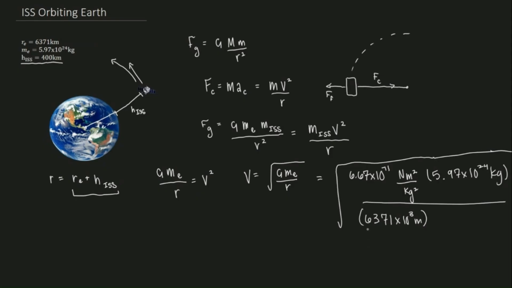Few reasons. Newtons has meters in it. I want to make sure those cancel out properly. I'm also having the gravitational constant, which has meters in it as well. This plus the altitude, which is 400 times 10 to the 3 meters.